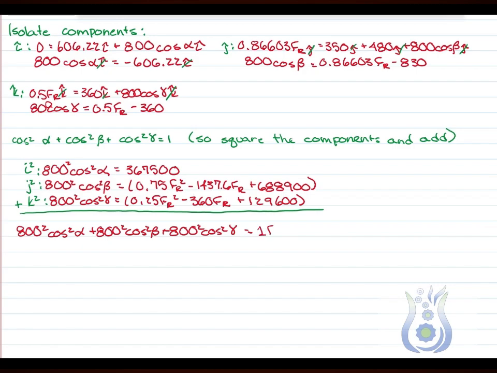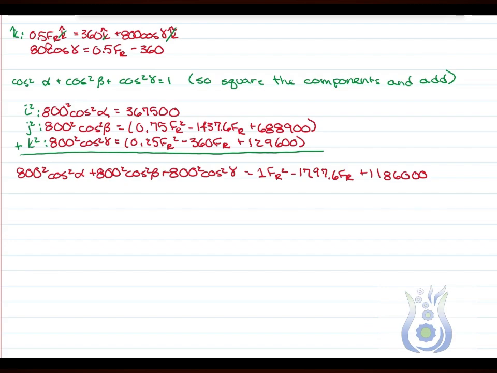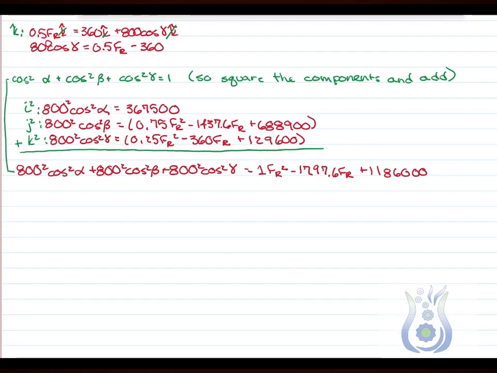So now I'm substituting in my relationship for the cosine squared, and I get 800 squared times 1 equals FR squared minus 1797.6 FR plus 1,186,000. So moving my 800 squared to the other side, I now have a second order polynomial, which I can solve for by roots.